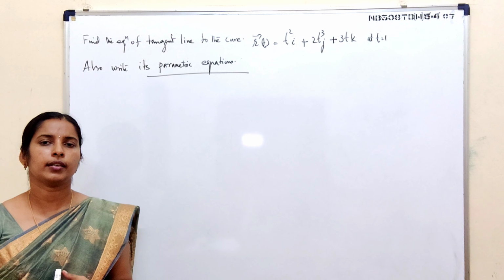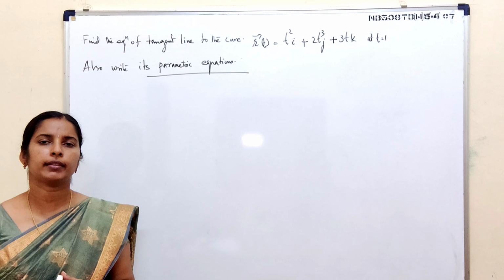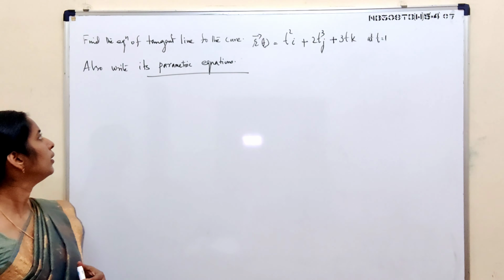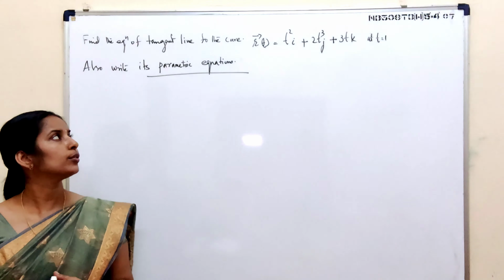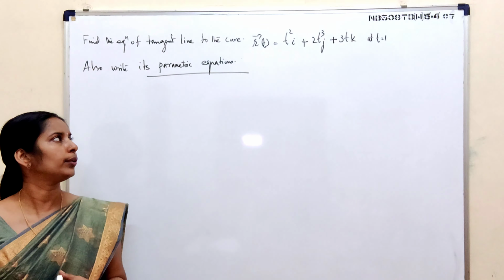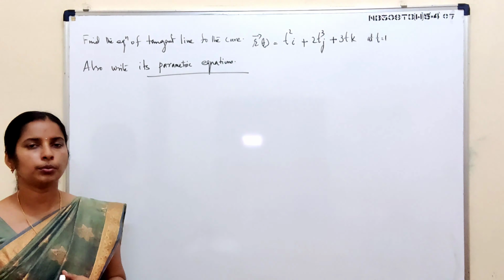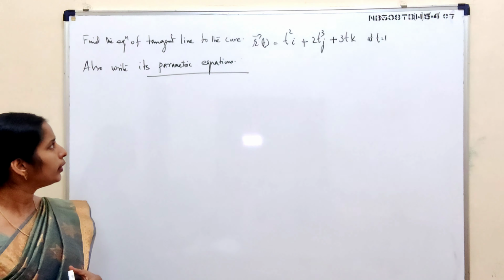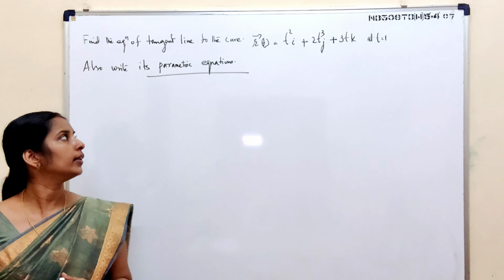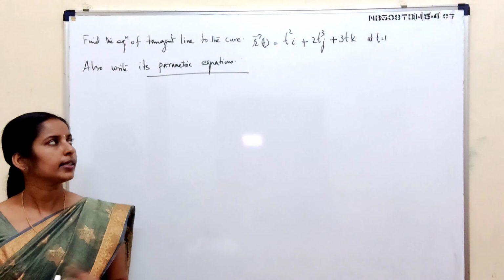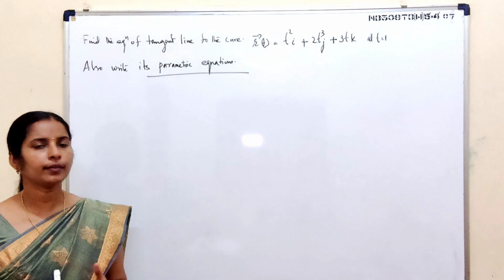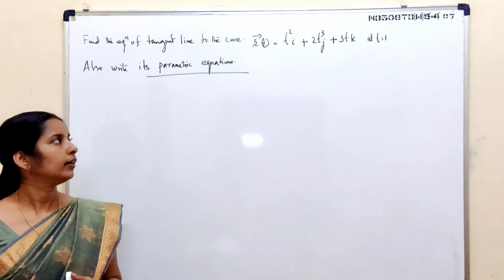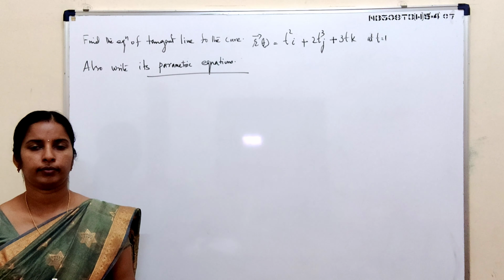Next question is based on the tangent line and its parametric representation. So look at the question. Find the equation of the tangent line to the curve vector r(t) = t²i + 2t³j + 3tk at t = 1. Also write its parametric equations. See, it's a simple question. By answering this question, you can answer any question regarding the tangent line.